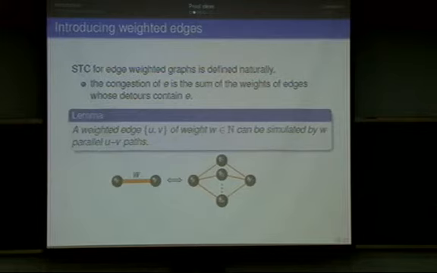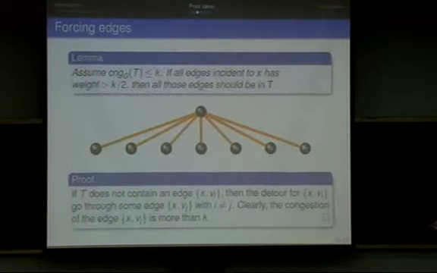If you want to have a weighted edge here with integer weight W, then you can simulate this by adding W parallel paths of arbitrary lengths between them. So you can have weighted edges, and if you have weighted edges, then you can force some edges. Here is the lemma.